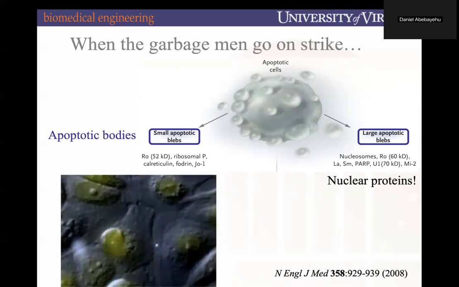The other issue is that this blebbing, this release of nuclear proteins, they should be identified as self, but they're now being identified as foreign. So the two main issues is that there's not the disposing of apoptotic cells, and that the blebbed out nuclear proteins are now being identified as foreign. Those are the two key issues here at play with lupus.